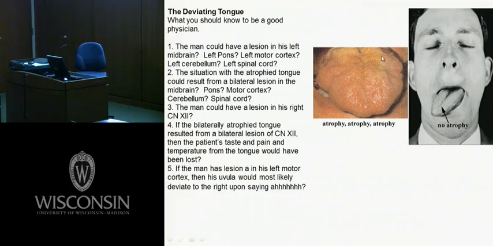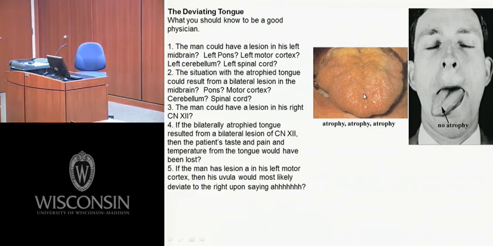Over here, bilateral, where could you get that? Well, maybe you could have bilateral tumors in some foramen. The foramen in which the cranial nerve 12, hypoglossal, exits the skull would be the hypoglossal foramen, or some people call it the hypoglossal canal.